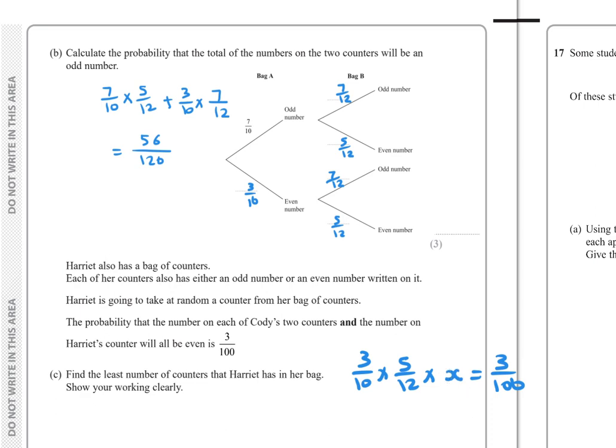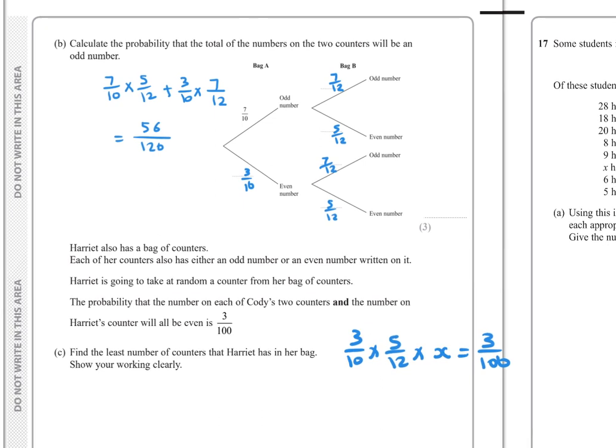So to find x, x equals 3 over 100 divided by 3 over 10 times 5 over 12, which equals 6 over 25. So the probability of getting an even counter from Harriet's bag is 6 out of 25.